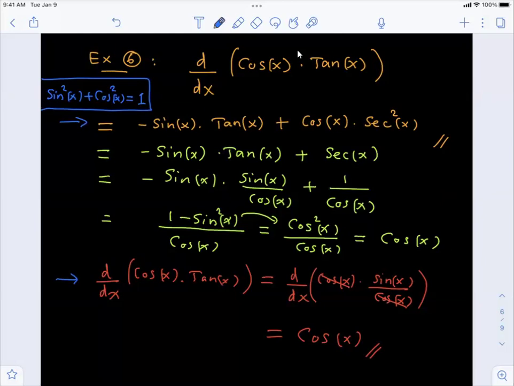When it comes to your calculus answer, you can stop right at this step. That is your answer. When it comes to the calculus answer, you can stop right here if you just recall the fact that tangent is none other than sine over cosine. However, I wanted to show you these two answers are the same. That is exactly what is happening.